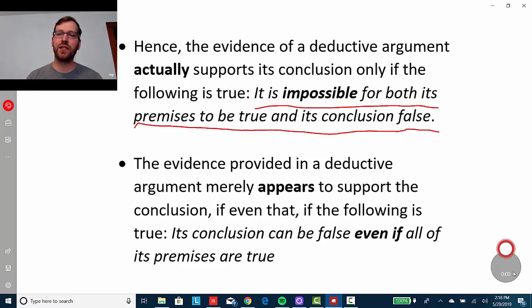So the evidence of a deductive argument actually supports its conclusion only if the following is true: it is impossible for both its premises to be true and its conclusion to be false. If that's an impossibility, then the evidence that you're being given by an argument really does support the conclusion.